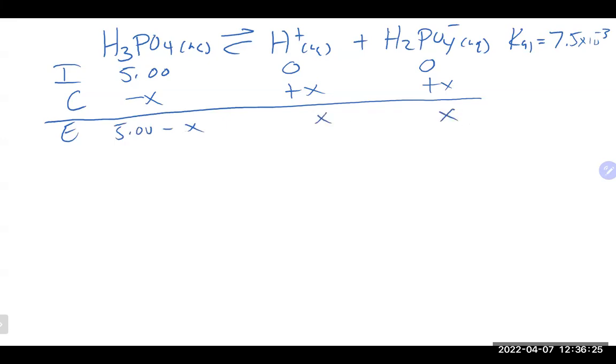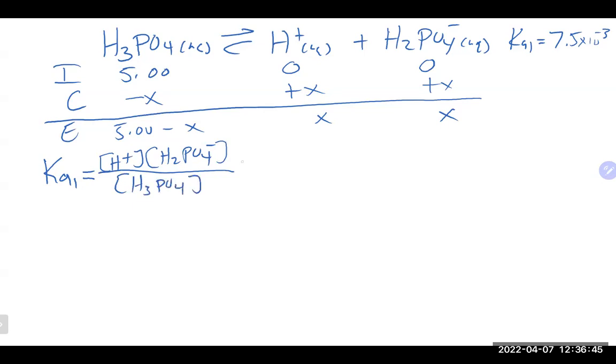So starting out here is just going to be a regular roll through. We're going to put this into our Ka1 expression, which is our H plus times our H2PO4 minus, divided by our phosphoric acid, and that equals 7.5 times 10 to the minus 3.